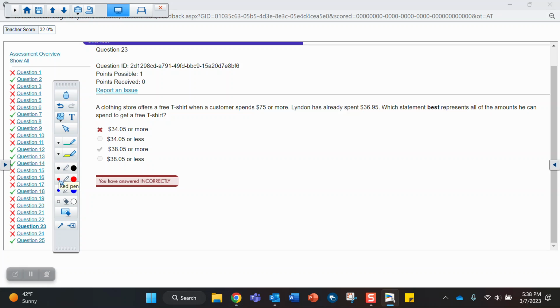A clothing store offers a free t-shirt when a customer spends $75 or more. She's already spent this much. Which statement best represents all of the amounts he can spend to get a free t-shirt? So he's spent $36.95 and he's going to spend more. We don't know how much more yet. And that needs to be greater than or equal to 75.